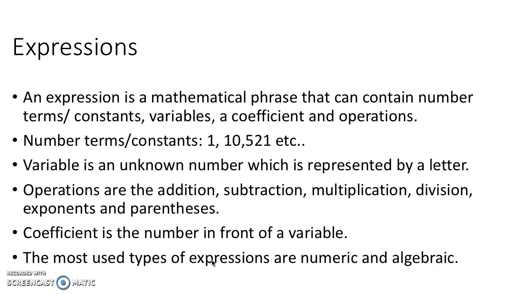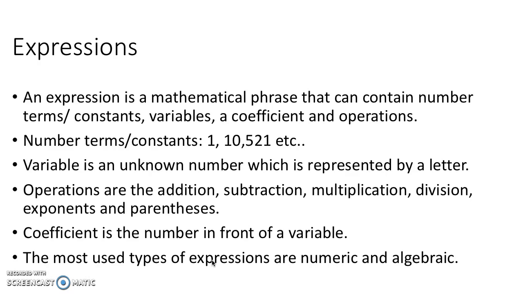So let's go over these vocabulary words. Expression. An expression is a mathematical phrase that can contain number terms, which are constants, variables, a coefficient, and operations. A number term or constant is your basic numbers: 1, 10, 521, pretty much any number.